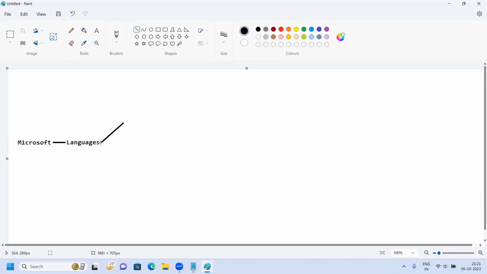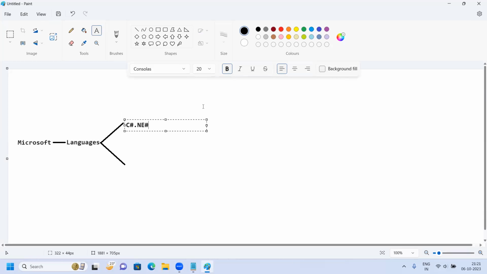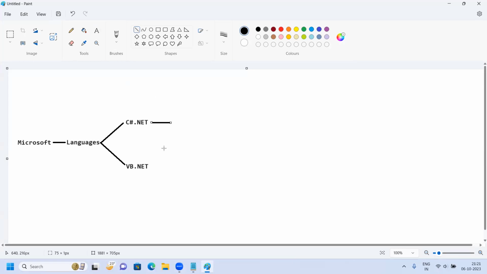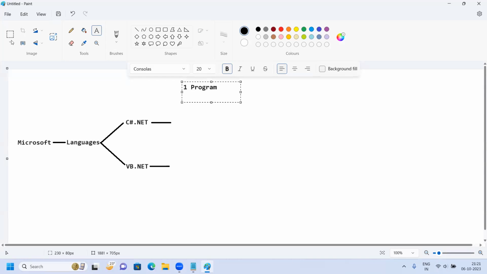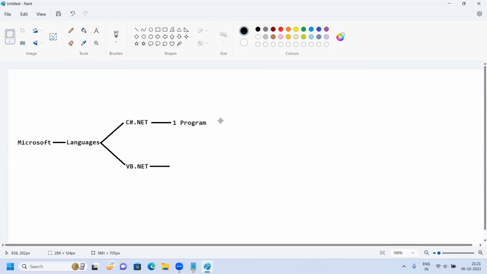One, C#.NET, and second, VB.NET. In C#.NET you write one program, in VB.NET also you write one program. Let me write here: one program in both the languages, here and here.